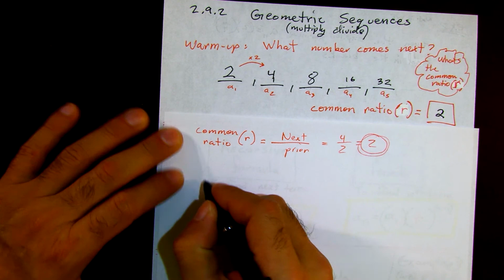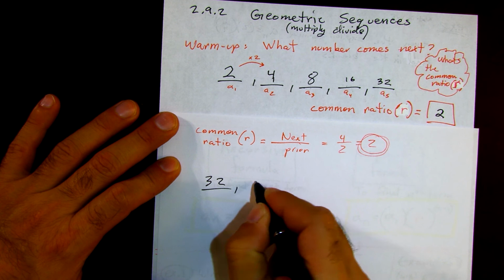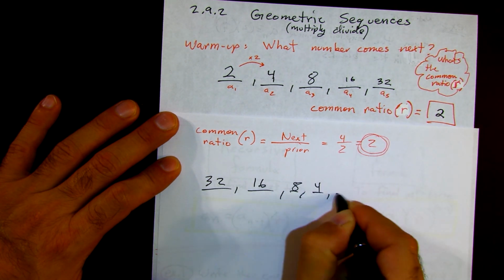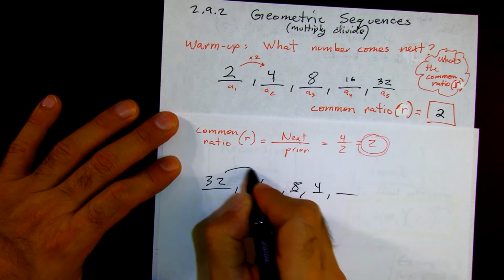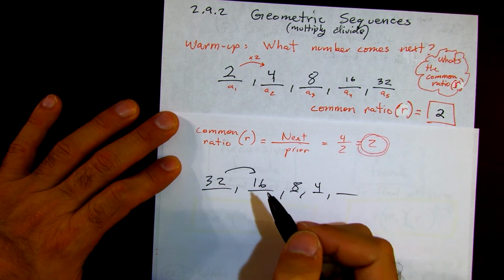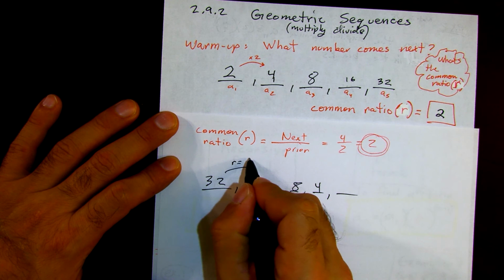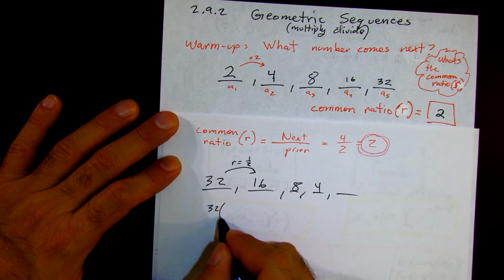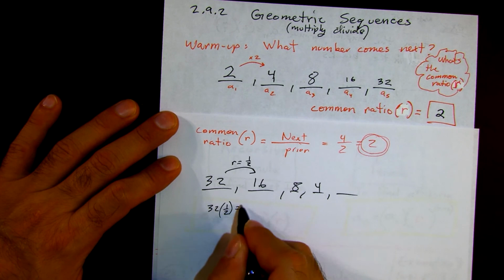So if it went 32, 16, 8, 4, we had to find the next number. What we're multiplying here, our common ratio, is 1/2. We're multiplying by 1/2, 32 times 1/2 equals 16.